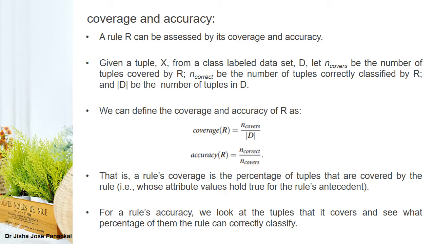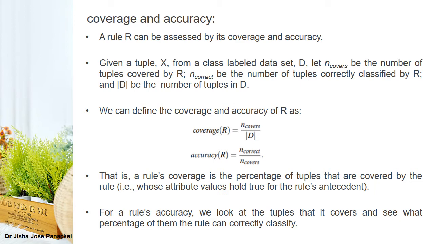Coverage = n_covers / |D|. n_covers is the number of tuples covered by R, divided by the total number of tuples. Accuracy = n_correct / n_covers. That is the number of tuples that are correctly classified by R divided by the number of tuples covered by R. That is, a rule's coverage is the percentage of tuples that are covered by the rule, that is, whose attribute values hold true for the rule's antecedent.